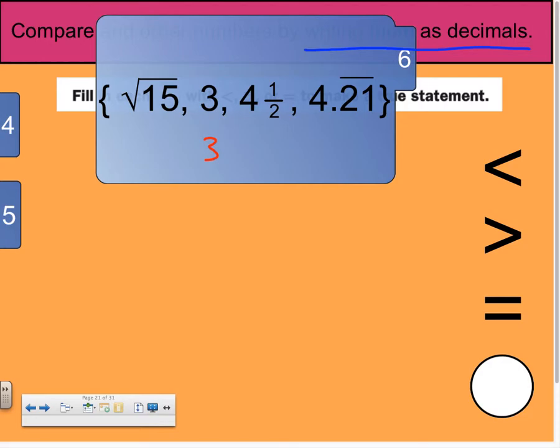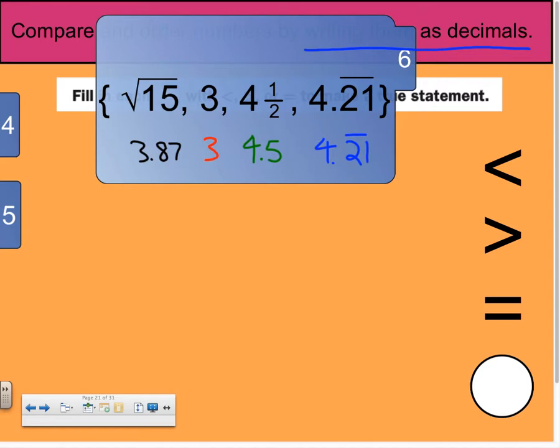4.5 can be written as what? 4.5, okay? And 4.21 repeating is still just 4.21. All right, we'll leave it just like that. And then what about the square root of 15? 3.87. So now I need somebody to come up and put these 4 colored numbers in order.